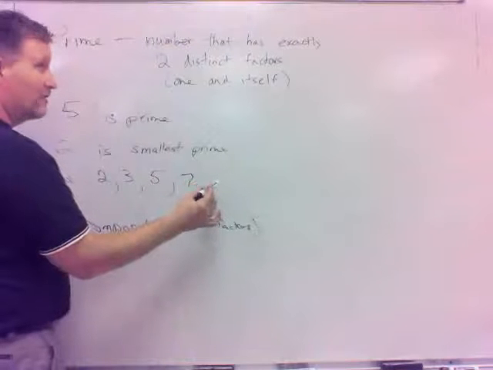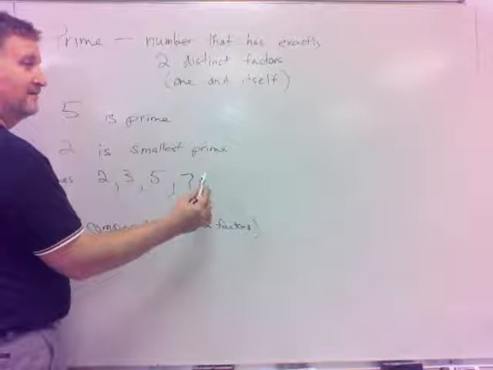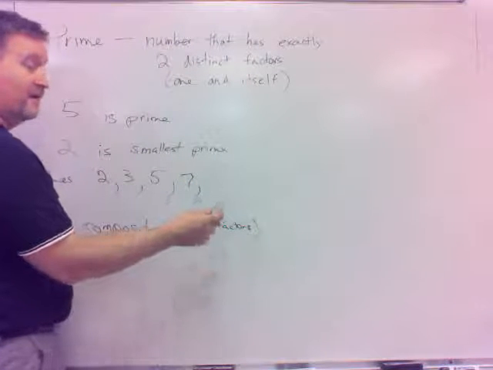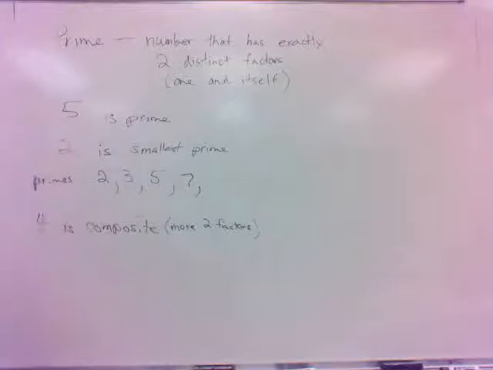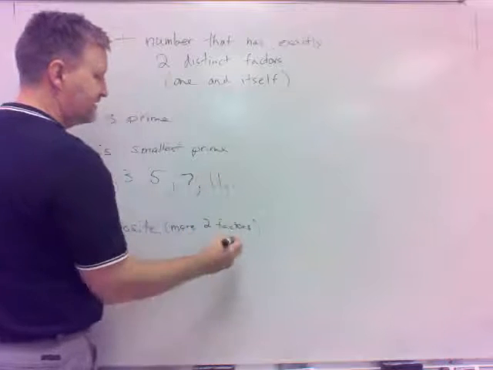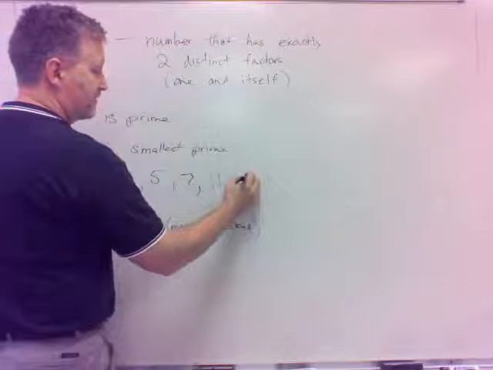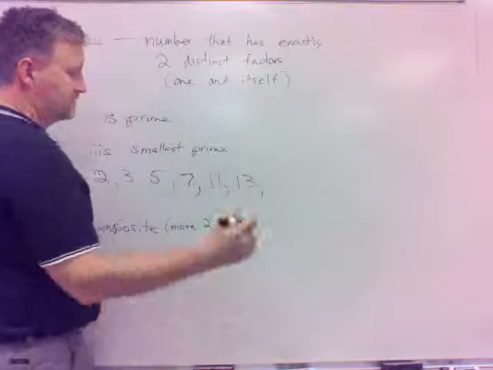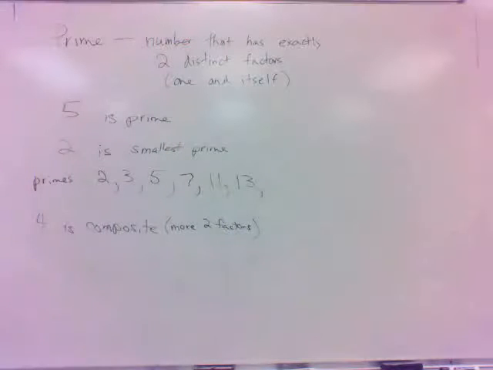Now, are all odd numbers prime? What about 9? 9 is not prime because it has 3 factors. 1, 3, and 9 are factors of 9. 11 is. 12 isn't. 13 is. Really just need to talk about the odds, don't we? 15, is it prime?